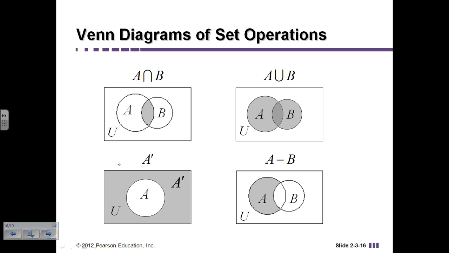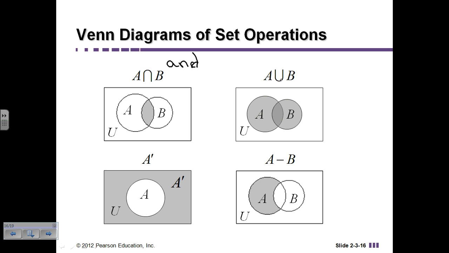Okay, so then these are just, we talked about this already, some different Venn diagram representations. If we're looking at the first one, again, this is the intersection, or and. You can use the word and also to help represent that. The intersection, or and, is when they overlap.